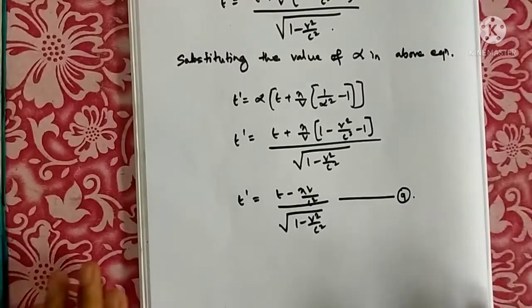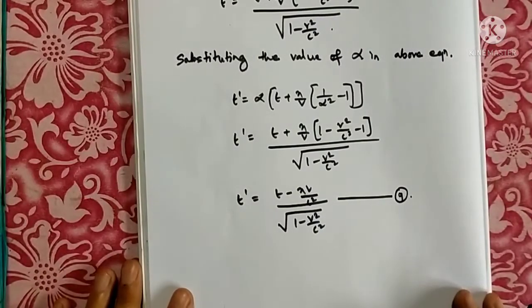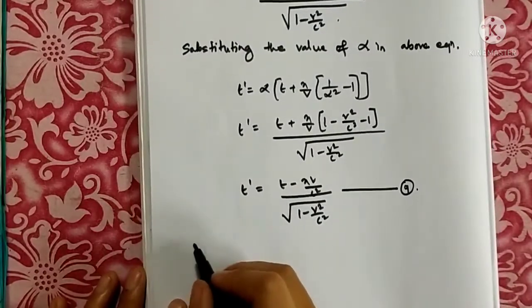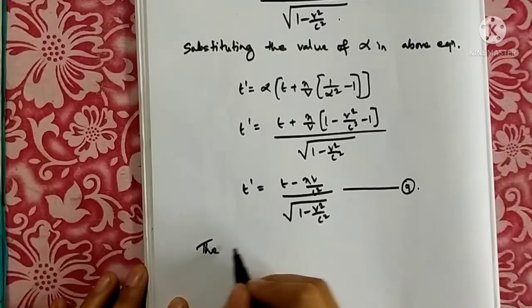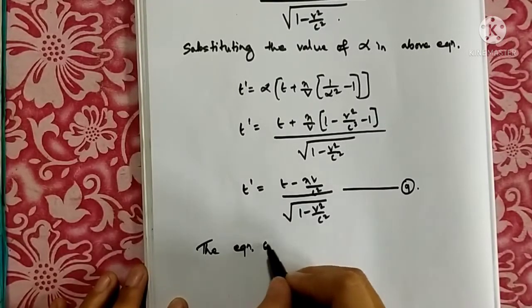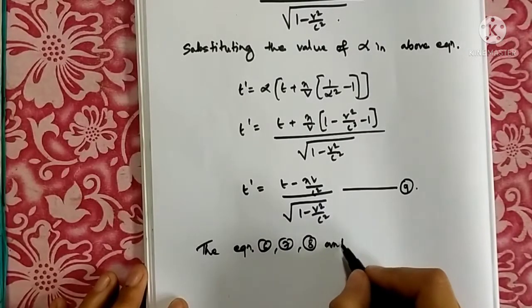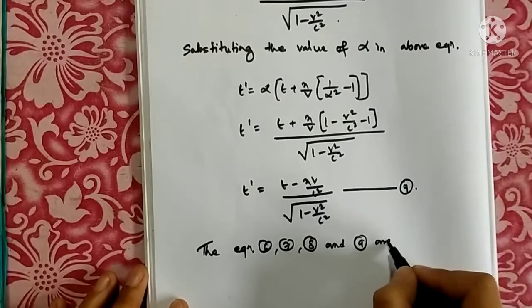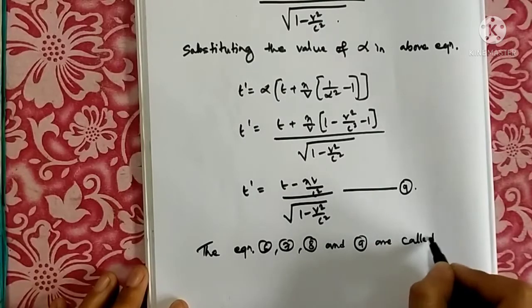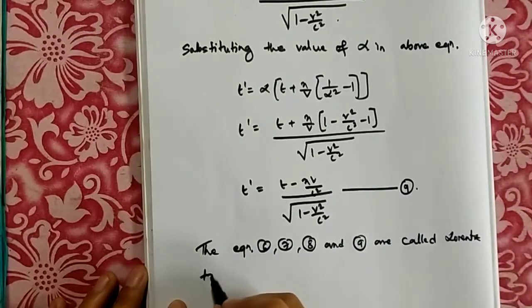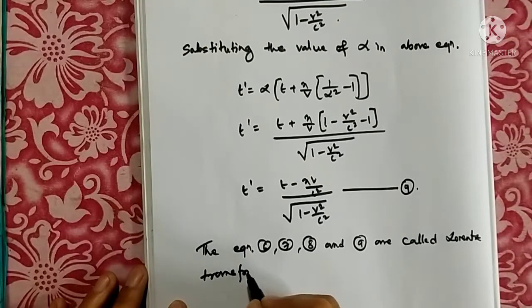So we now find the Lorentz transformation equations. Equations 6, 7, 8 and 9 are called the Lorentz transformation equations.